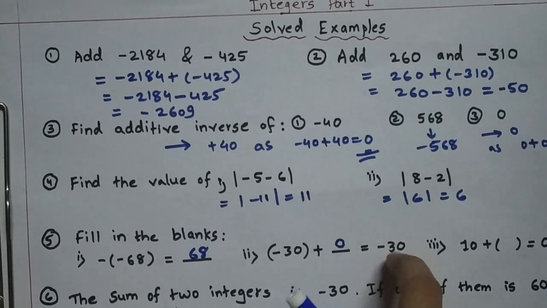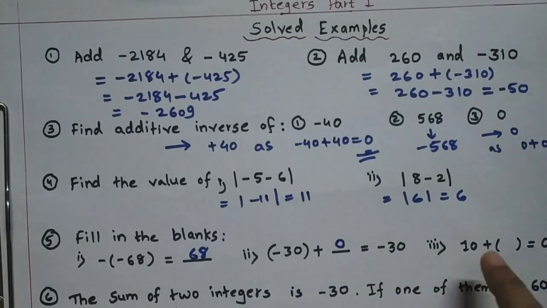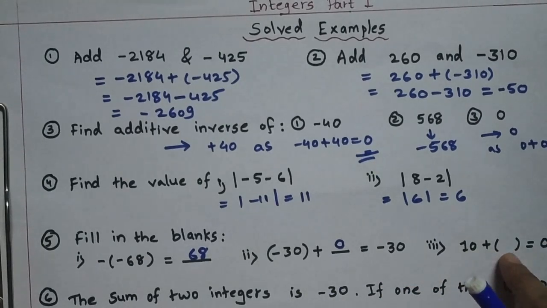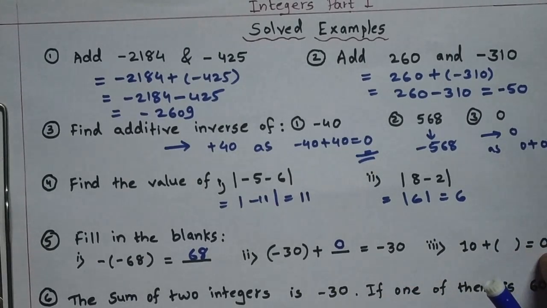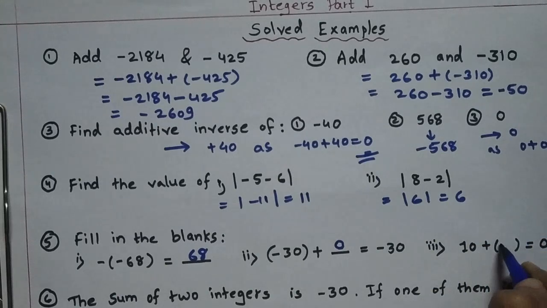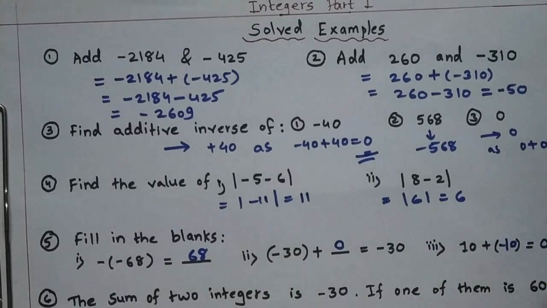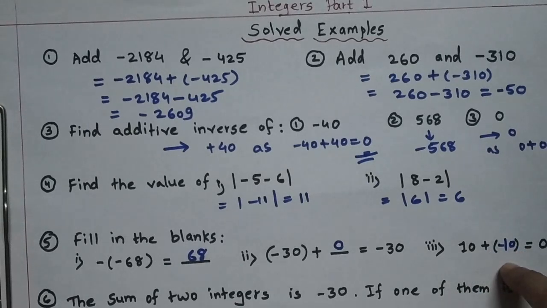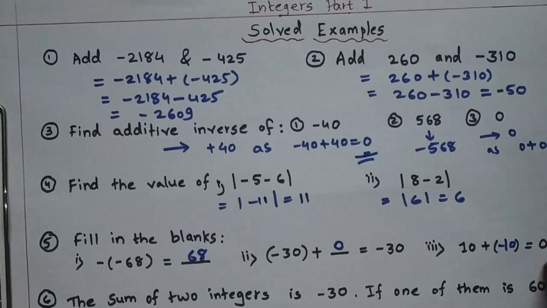Now tell me, 10, you are going to add with which integer so that the result will be 0? Here 0 is again the additive identity. So when you add 10 with its additive inverse, that is minus 10, you will get 0. Hope you have cleared it.